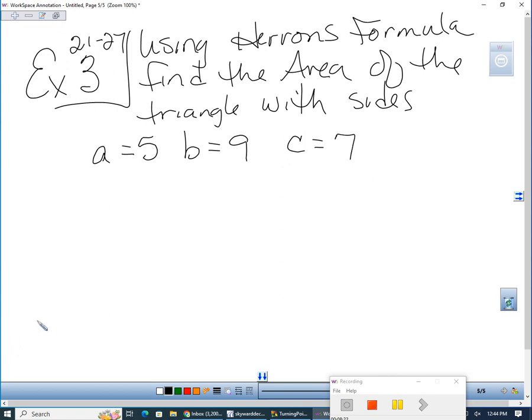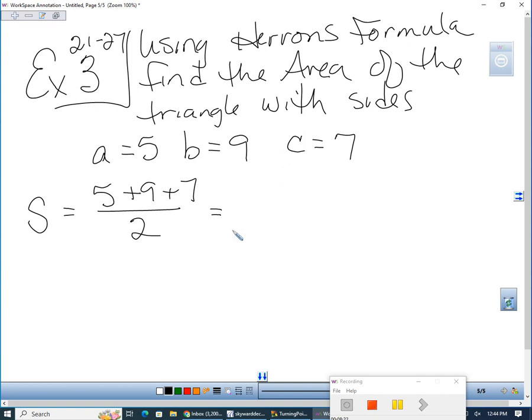So to do Heron's formula, we start with S equals 5 plus 9 plus 7 divided by 2. So let's see, that's 21 divided by 2, right?